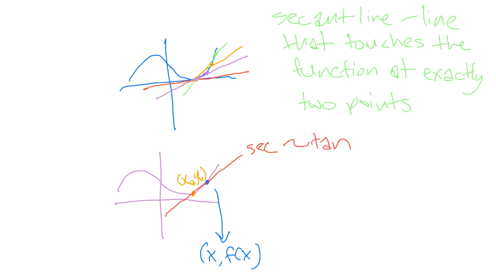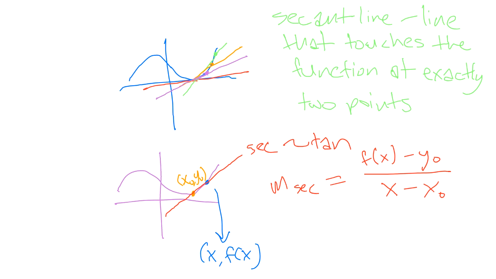So we can say that the slope of our secant line is going to be f of x minus y naught over x minus x naught, and then x and f of x can be any point you want.